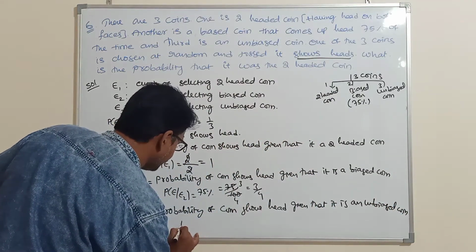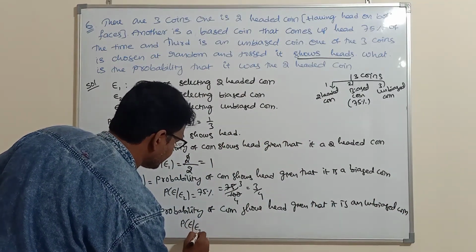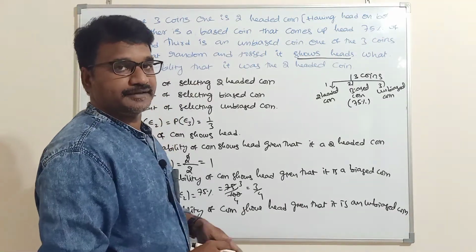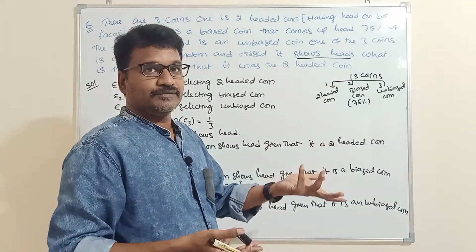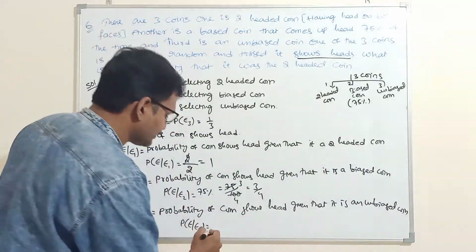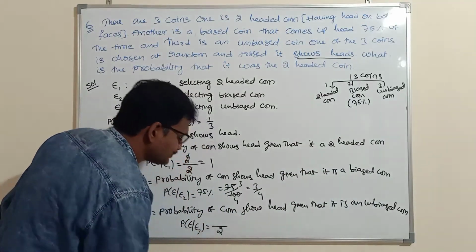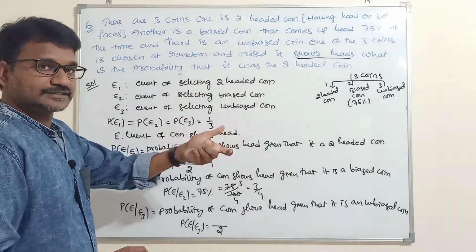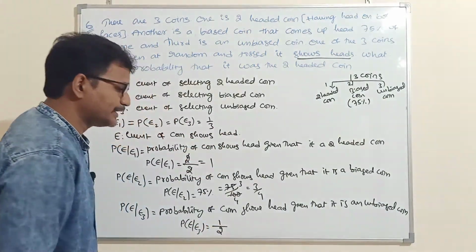An unbiased coin means a normal coin. When a coin is tossed, what is the probability of getting head? 1 by 2. Either you may get head or tail, so total 2 chances are there. Out of 2 chances, getting head is 1 chance. So that's why it is 1 by 2.